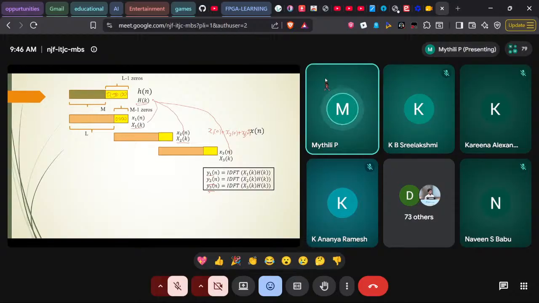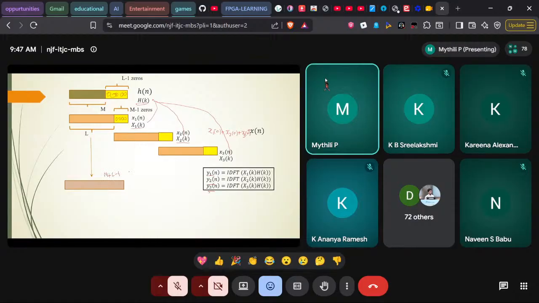Let's assume you have multiplied x1 of k and h of k, then took the IDFT, you will get the first output block. You can see the output block's length is m plus L minus 1.